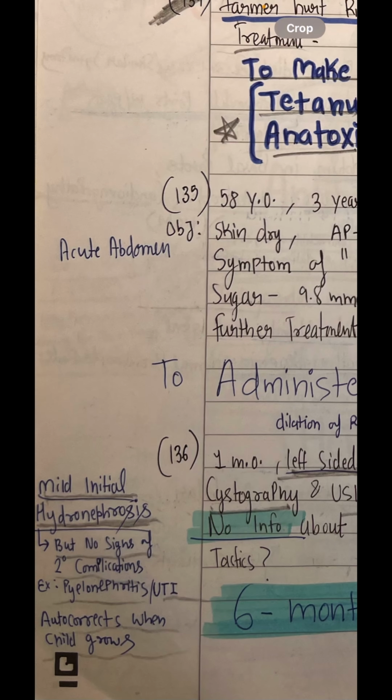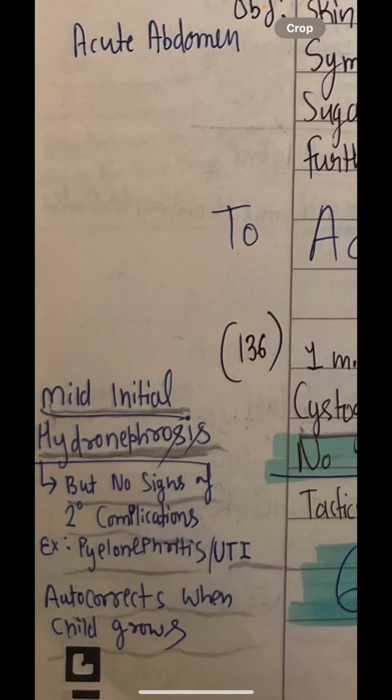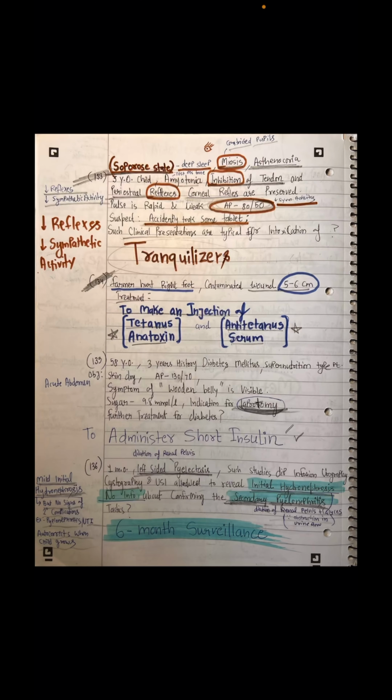What is here? Mild initial hydronephrosis, but no signs of secondary complication yet, like pyelonephritis and UTI. It will autocorrect when the child grows, because the size of the renal pelvis will improve as the patient grows.